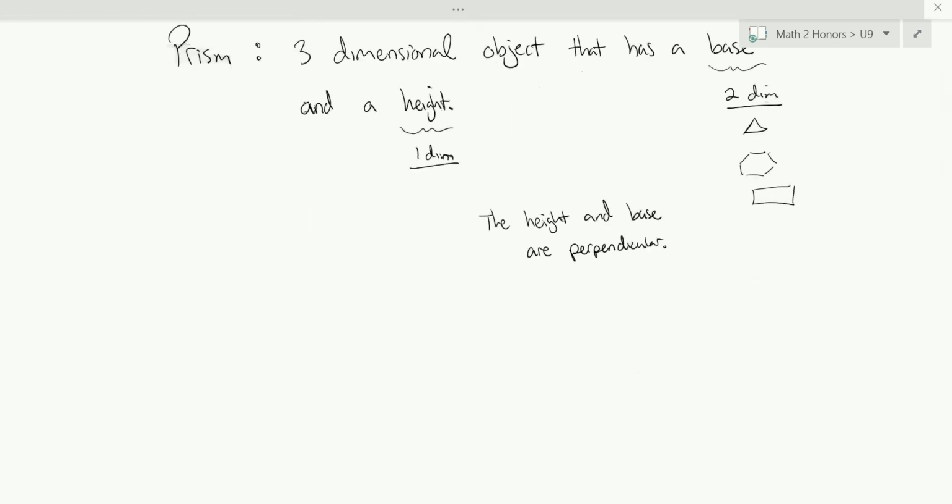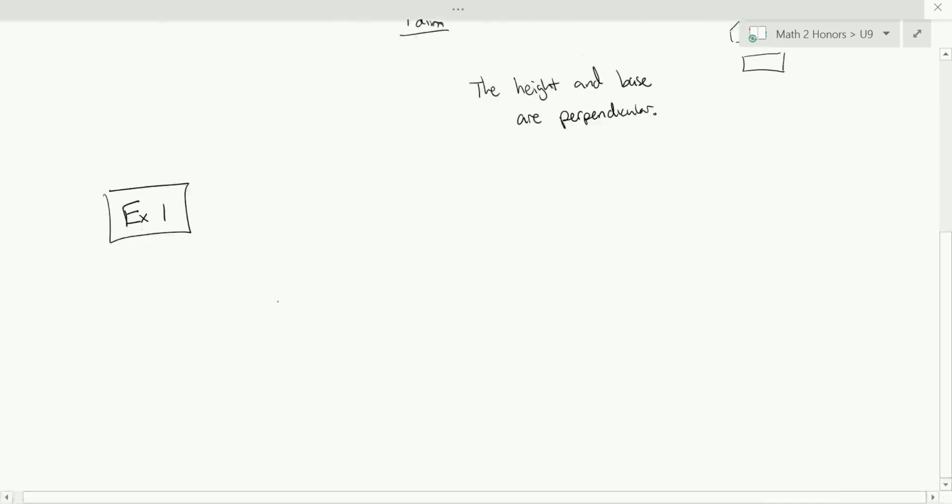So example 1. We got this right triangle here. Sorry, I'm not the best drawer here, but I'm trying to get that three-dimensional shape. So here's a prism, okay?